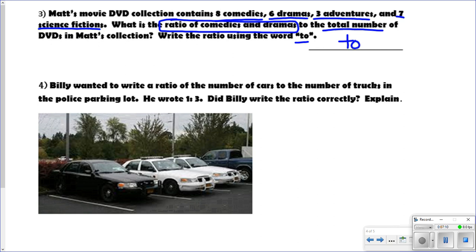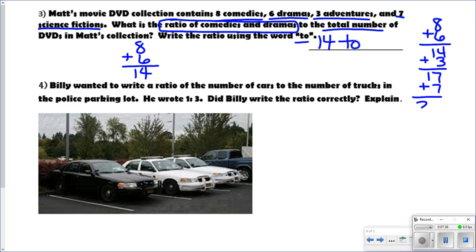So I need to figure out how many comedies and dramas there are total. So there are 8 plus 6, which is 14, for that part of the ratio. And now to find the total amount of DVDs, I need to add everything. So 8 plus 6 plus 3 plus 7 gives me 24. There are 24 total DVDs.